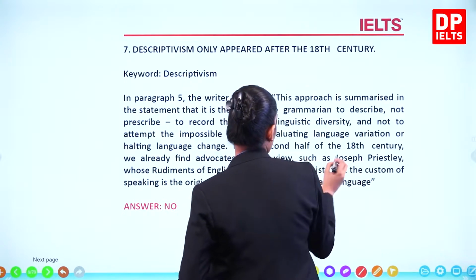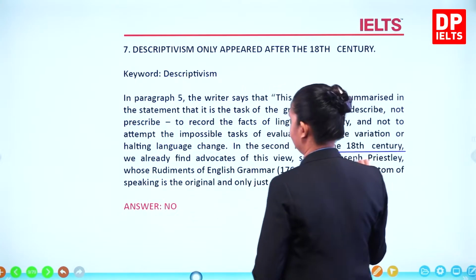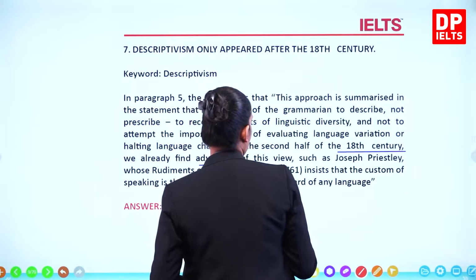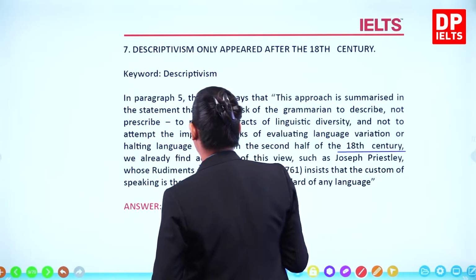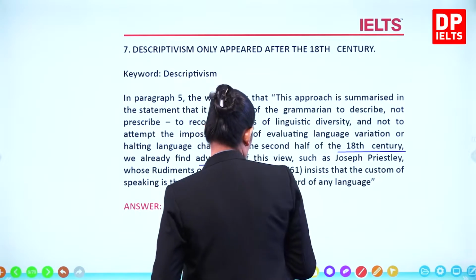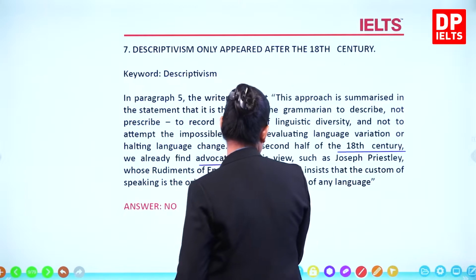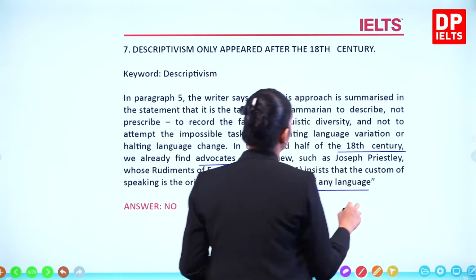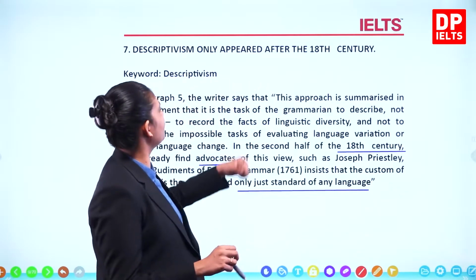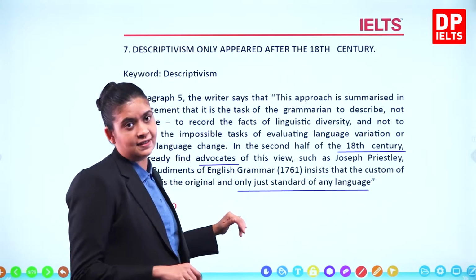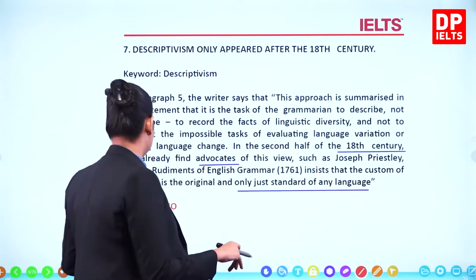In the second half of the 18th century, we already find advocates of this view, such as Joseph, whose Rudiments of English Grammar insist that the custom of speaking is the original and only the standard way of any language. So does it say it appeared after the 18th century? No. It was there in the 18th century as well. So the answer is false.